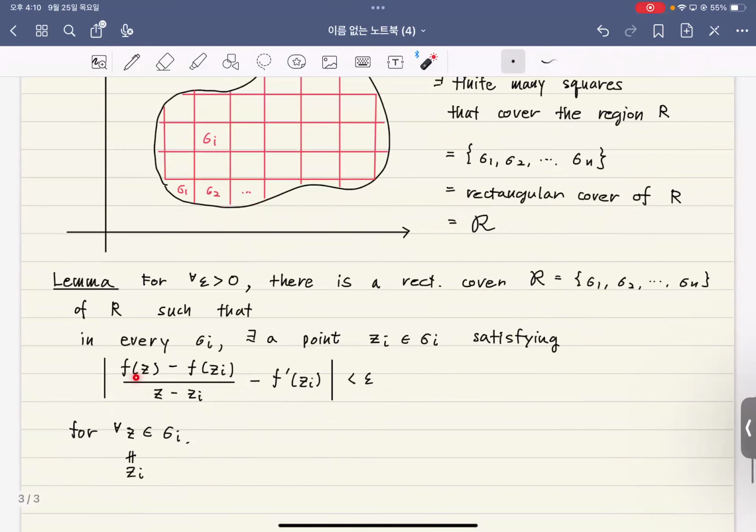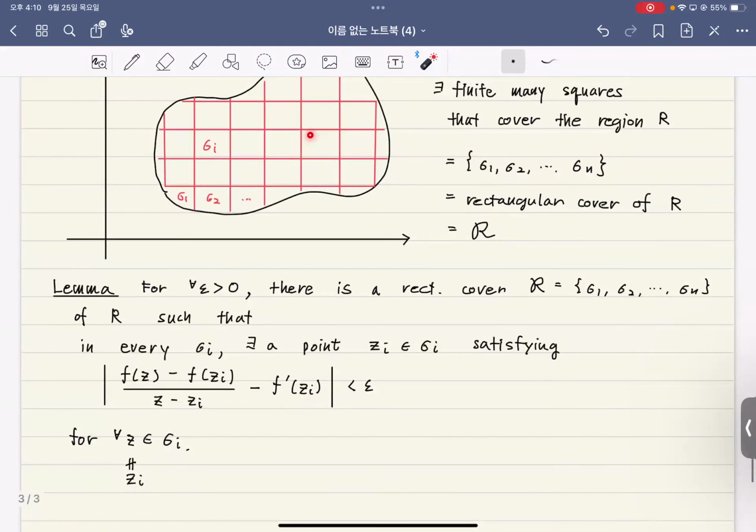This inequality must be true for all z other than z_i, and the magnitude is less than epsilon for every point on that square.